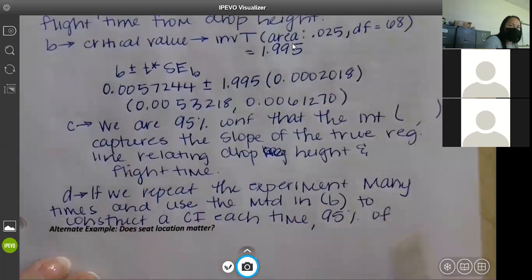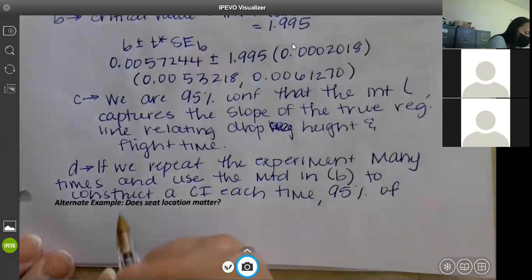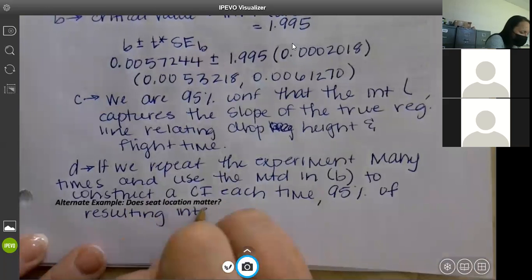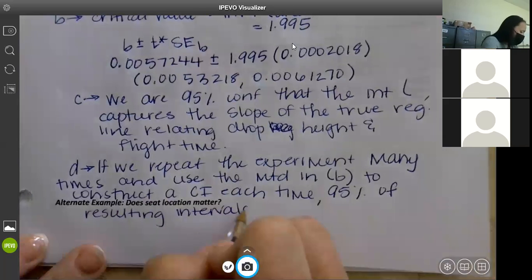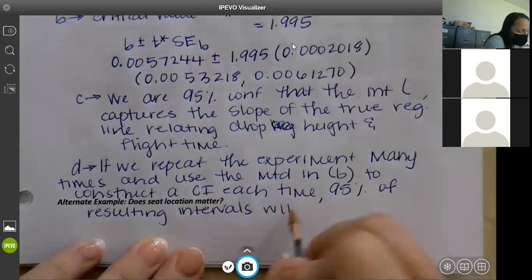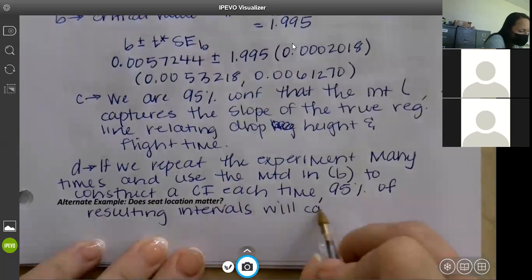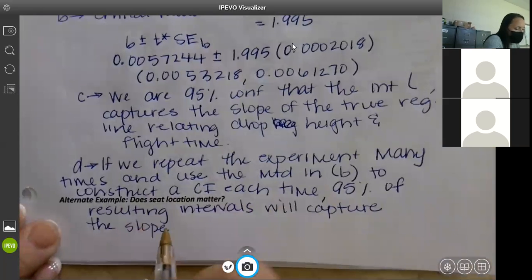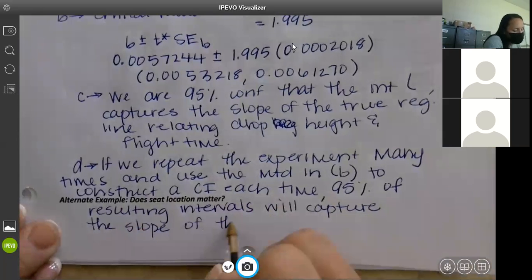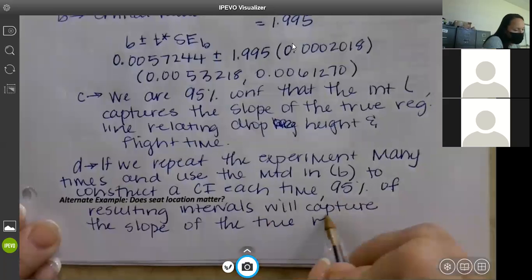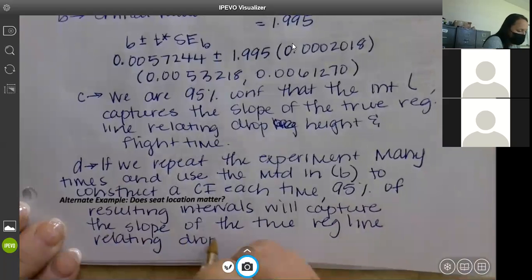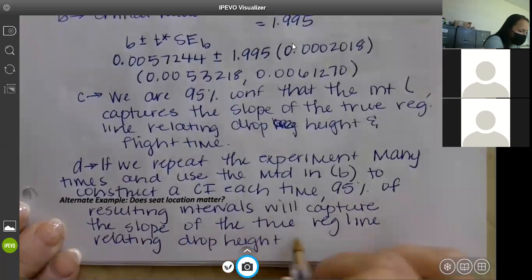95% of the resulting intervals will capture the slope of the true regression line relating drop height and flight time.